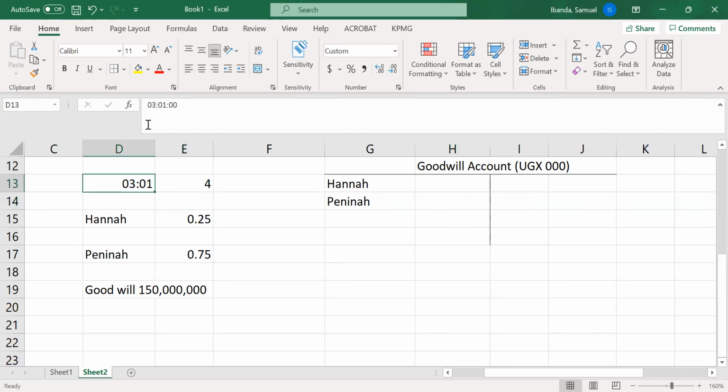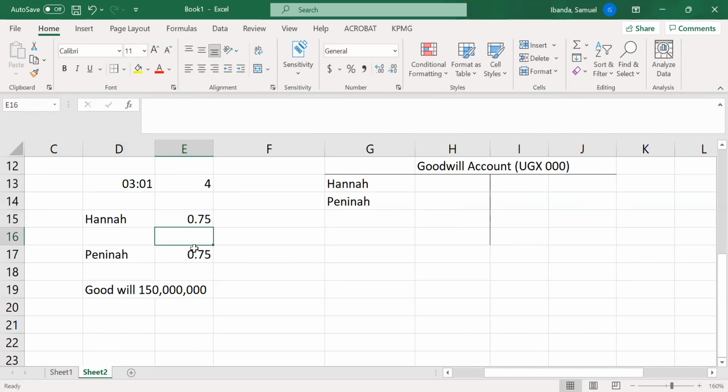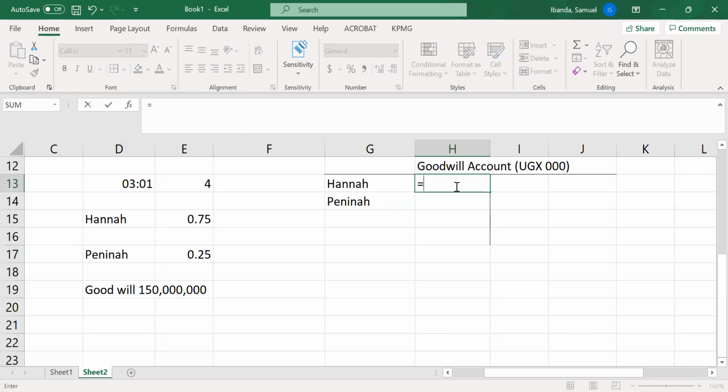If it's 3-1 and it's Hannah and Penina, then it means that this one will have the 3/4, and then this one will have the 1/4. Say Hannah and Penina share 3-1 respectively.